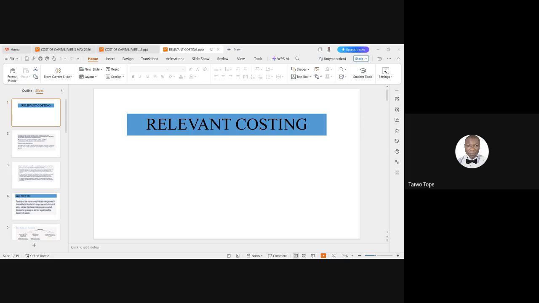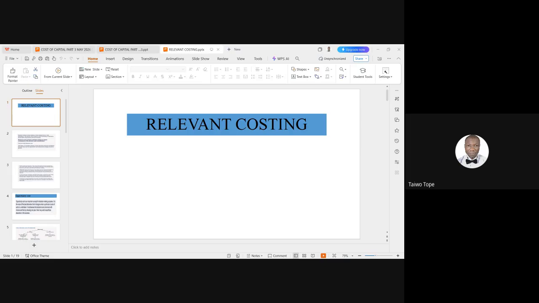Instead of putting a price value, you can just put 0 or a dash because it is not relevant. Another point you have to look out for is costs that won't change, costs that will remain constant. And what are those costs? Fixed costs. Fixed costs will not change. Either you take a decision or you don't take a decision, fixed costs will remain constant.